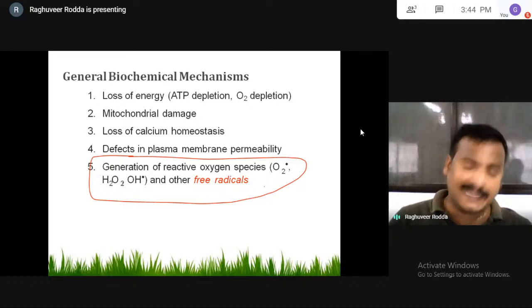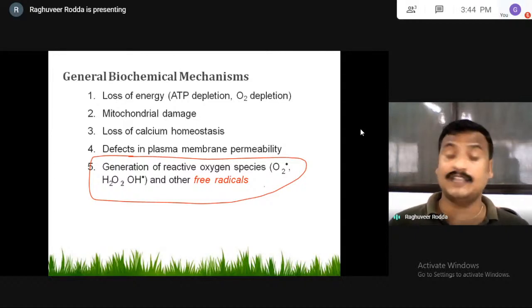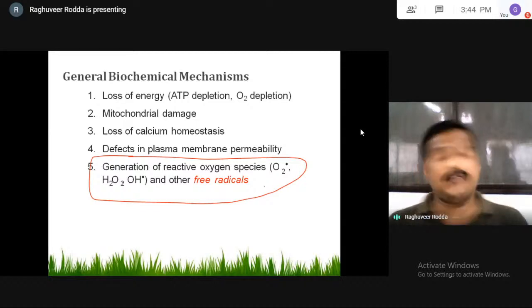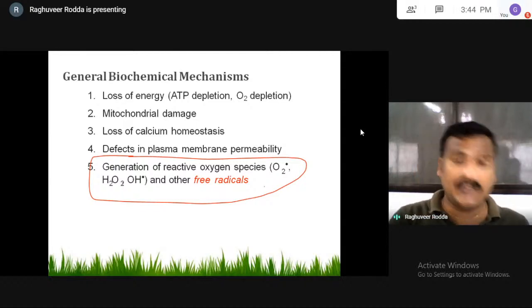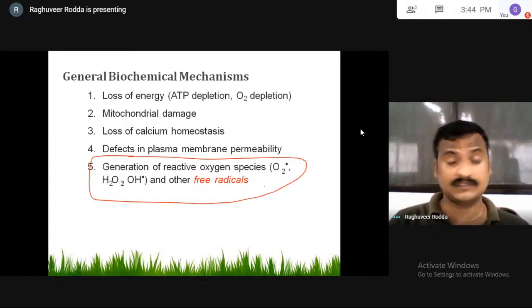So as I said earlier, to maintain the viability of the cell or to perform the function of the cell, it is going to produce many biochemical reactions. In some cases two or three products will be clubbed to produce one end product, and sometimes one product will be broken into many parts under the influence of enzymatic substances.